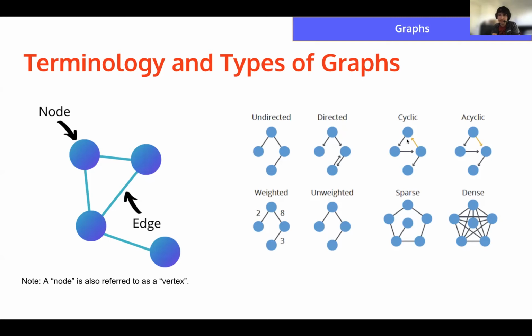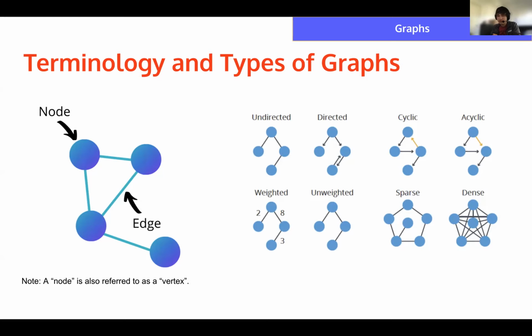In the one labeled cyclic, if you start at the top node, you can go in a triangle and spin around forever. That has great relevance when working with depth first search. If you're not careful with your traversal, you'll get into an infinite loop, going from the top node to the left node, the left node to the right node, the right node to the top node, and around a whole bunch.